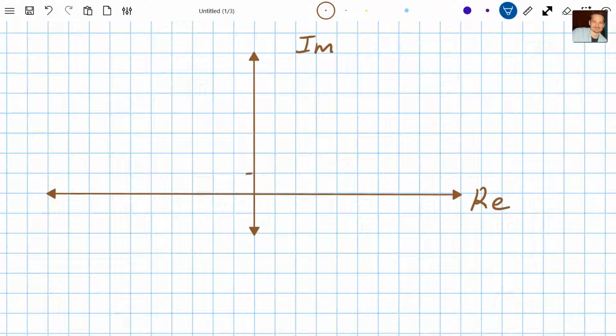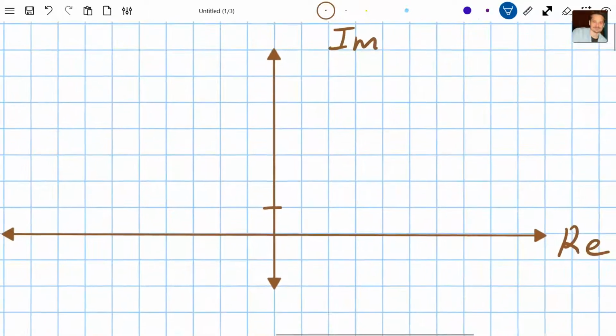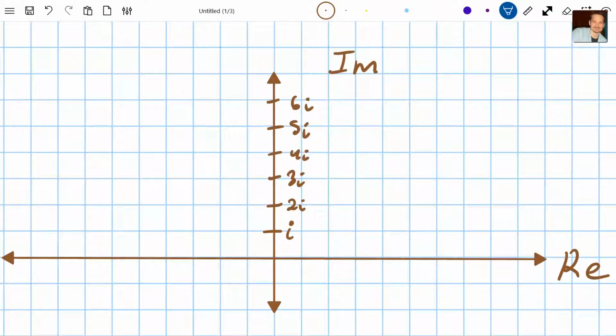So in this context, you can do the following, say. I'm going to call this i. This is going to be 2i, this will be 3i, this will be 4i, this will be 5i, this will be 6i, and it's gonna go up there towards positive infinity along the i-axis. So you have to indicate that somehow. Let's do it this way.